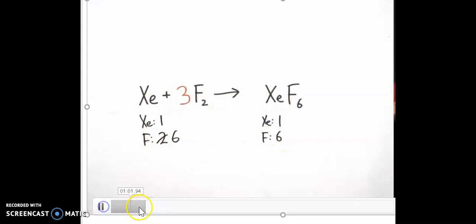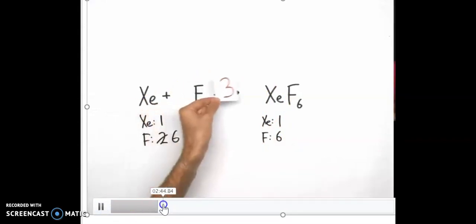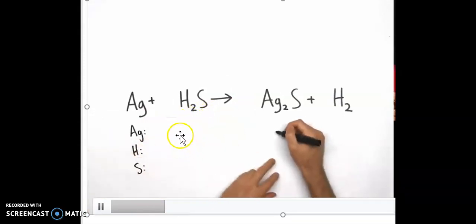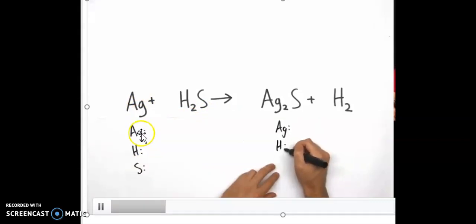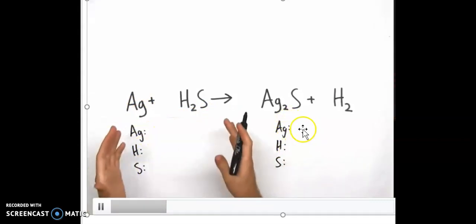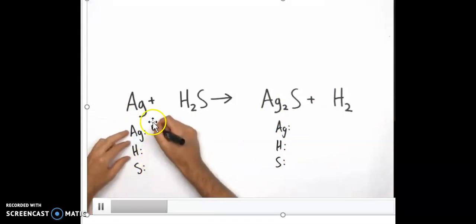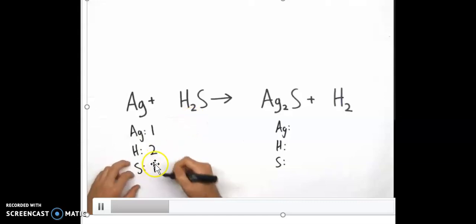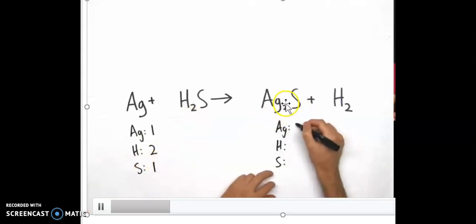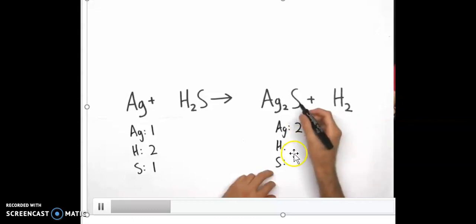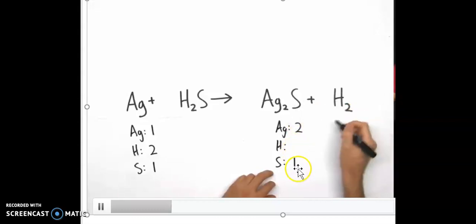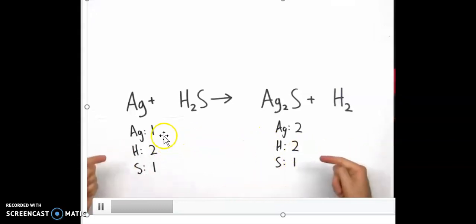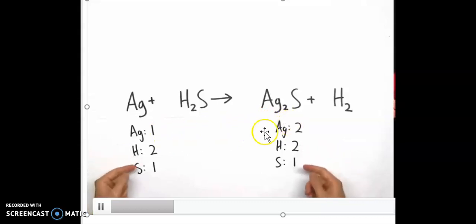Let's have another example. Okay, we have here another chemical equation. As you can see, enumerate niya lahat na elements involved. Elements involved in the reactant side, elements involved in the product side. 1 silver, 2 hydrogen, 1 sulfur. In the product side, 2 moles of silver, 1 mole of sulfur, and 2 moles of hydrogen. So if you're going to take a look at the silver, it's unbalanced, no?